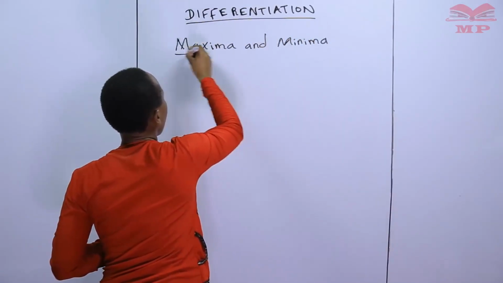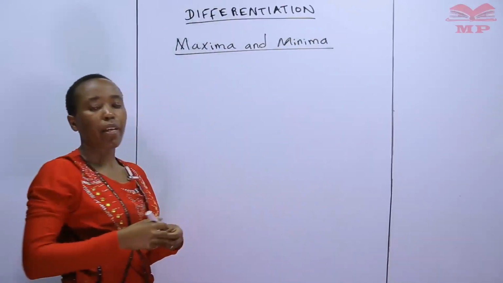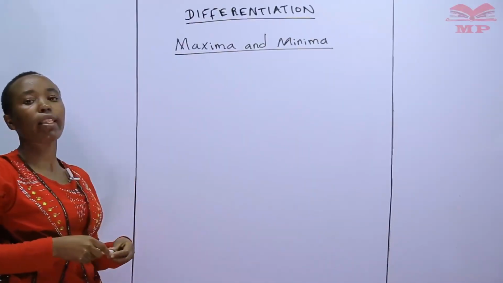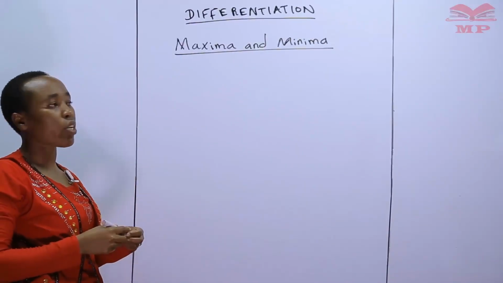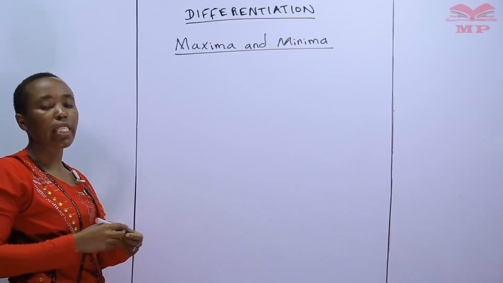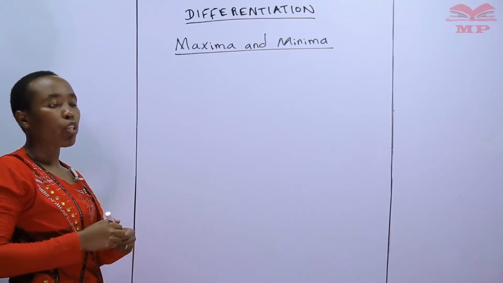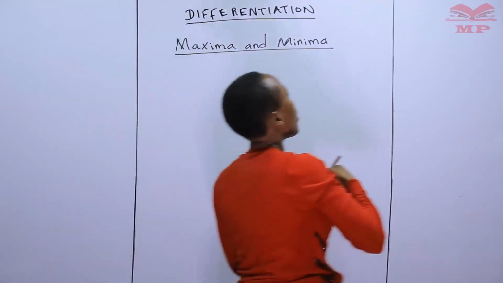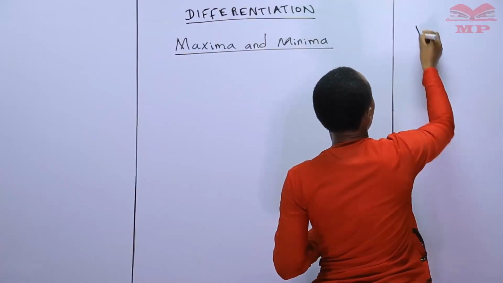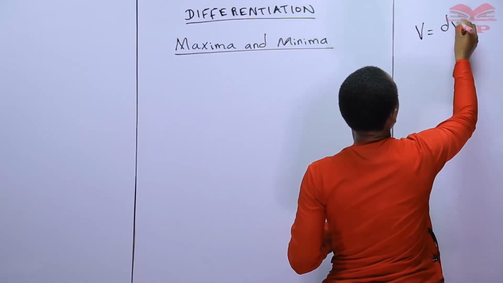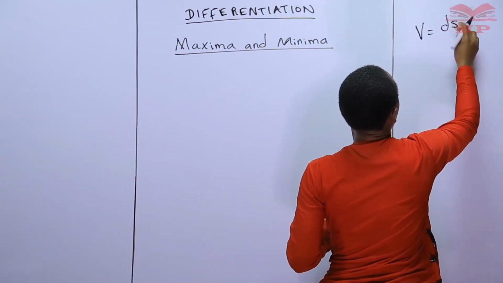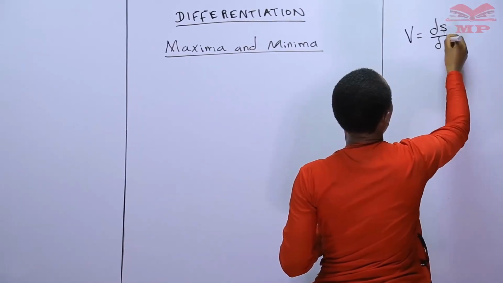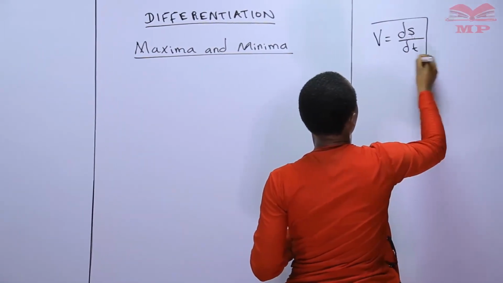Maxima and minima. In the previous lesson, we were looking at applications of differentiation in calculation of distance, velocity, and acceleration, whereby we said velocity is ds over dt, where s is the displacement and t is the time.